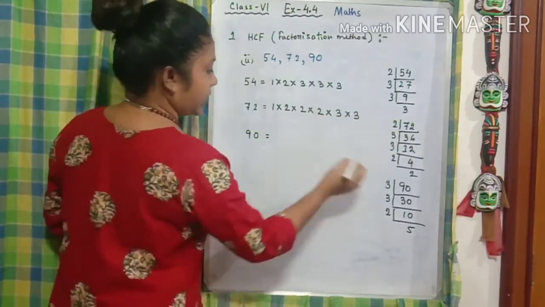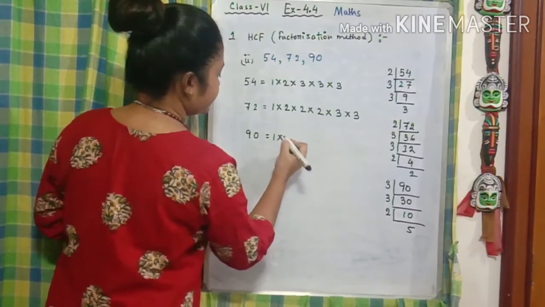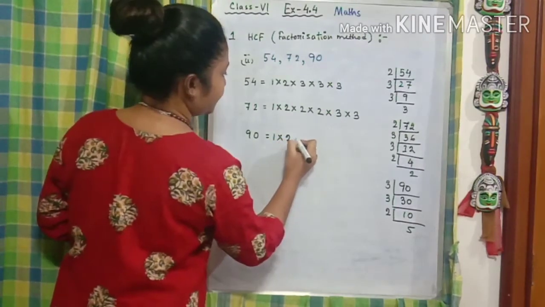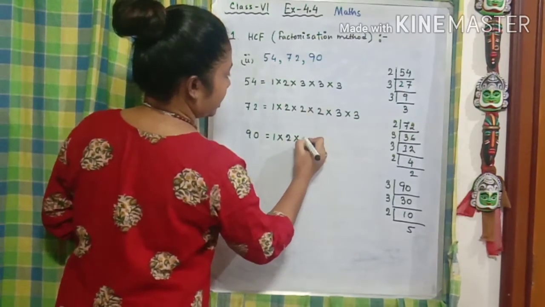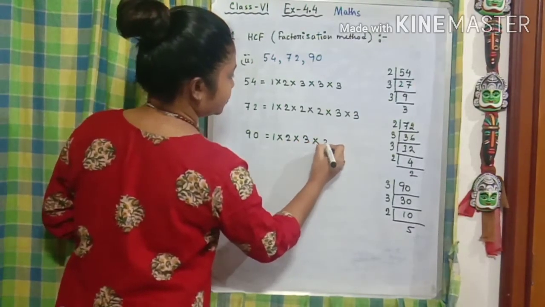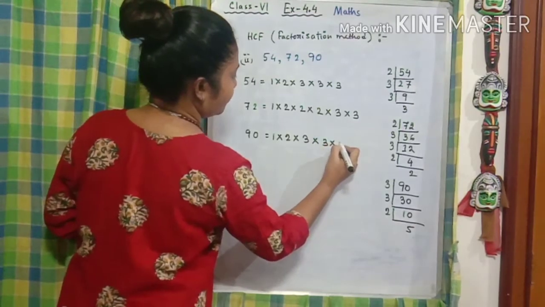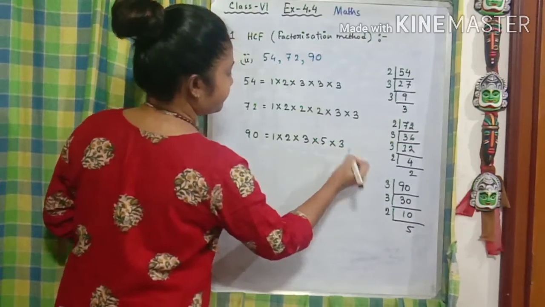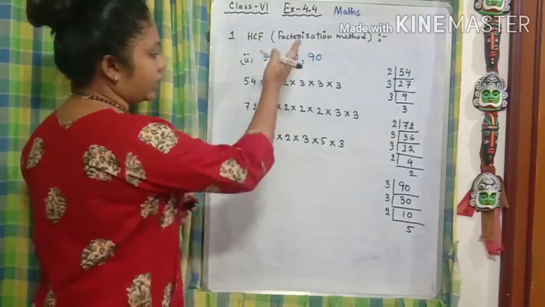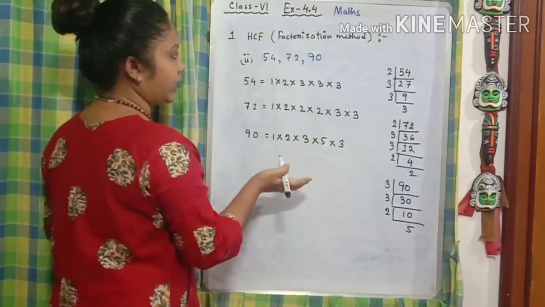And for the last one, that is 1 into 2 into 3 into 3 into 5. Okay, now from here we are going to find out the common.